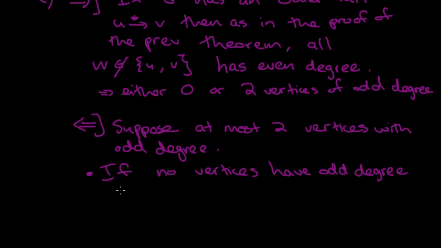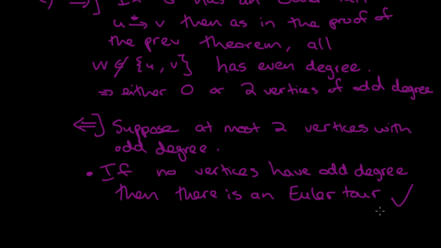We know that it's Eulerian. So in particular, an Euler tour is even better than an Euler trail. It's an Euler trail which is closed. So we're done.